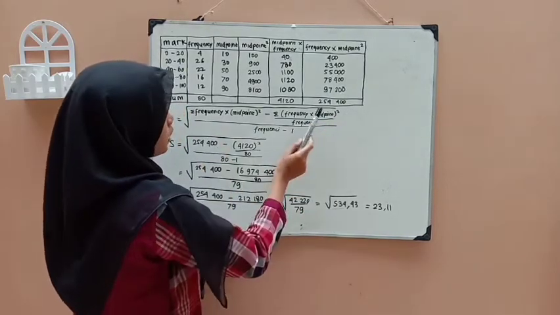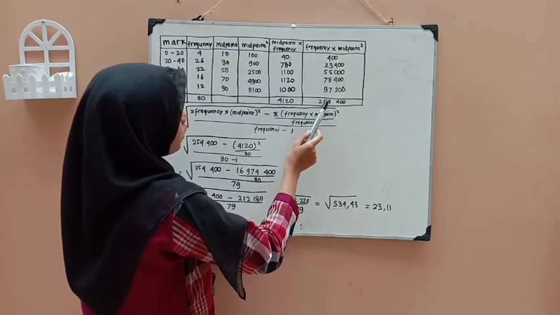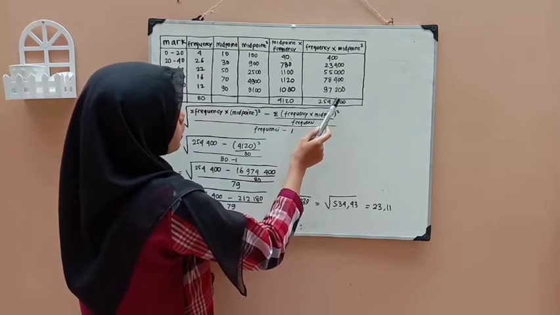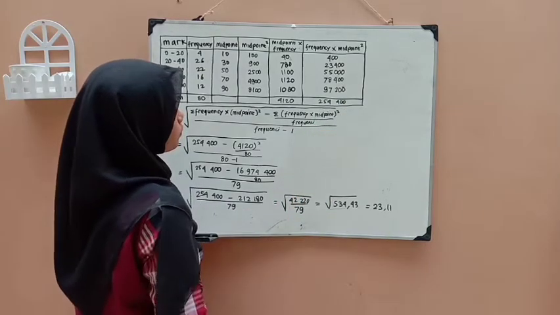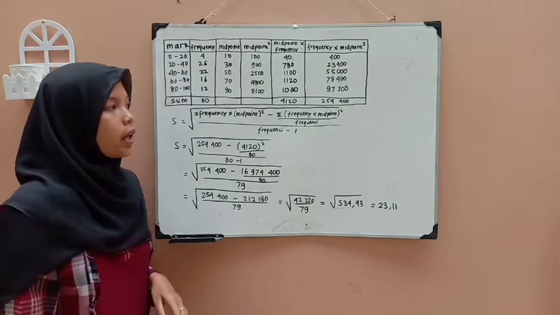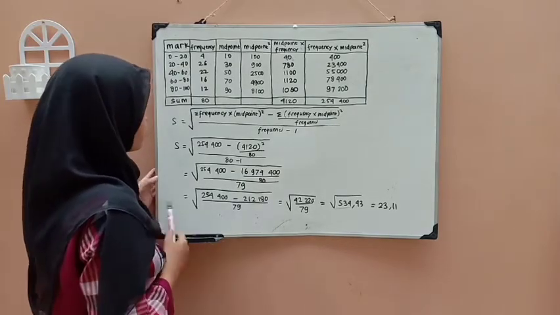The sum is 254,400. After that, enter it in the formula.